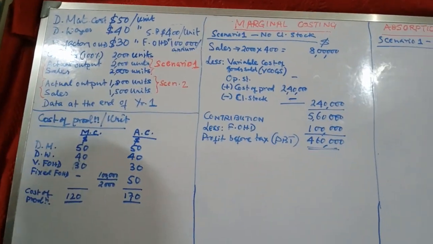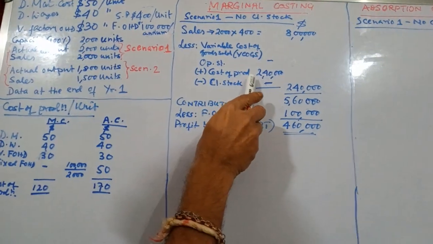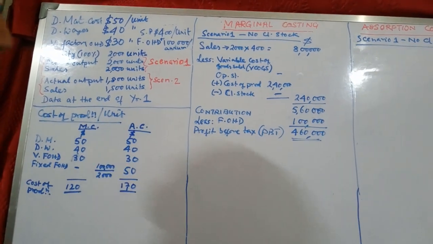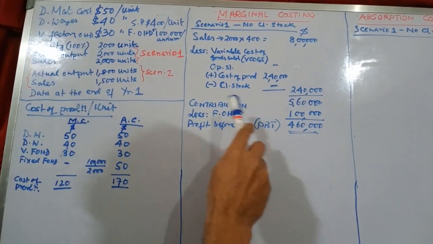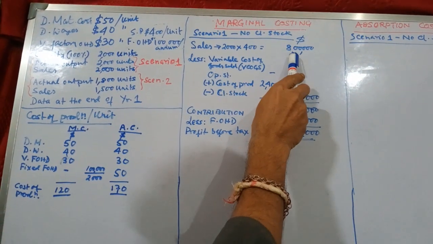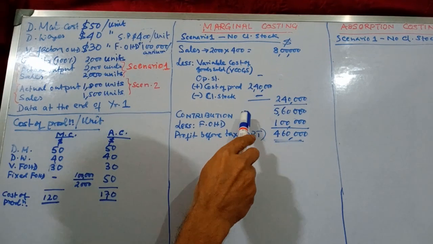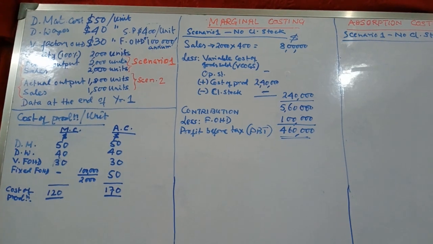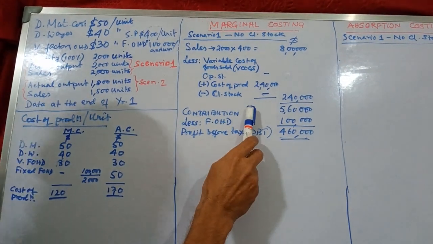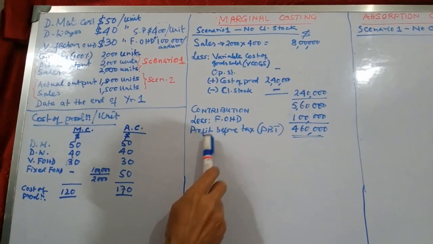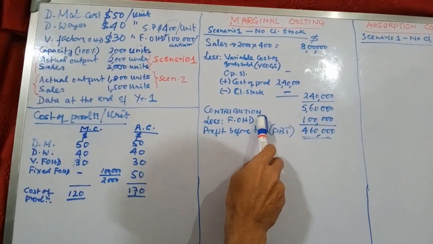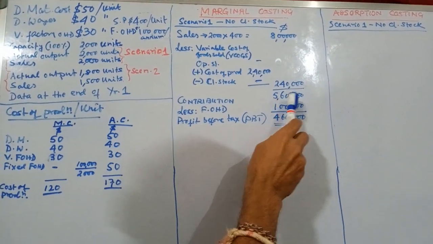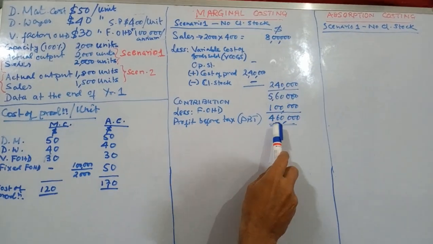So the cost of production itself becomes the variable cost of goods sold, that is 240,000. We have deducted the variable cost of goods sold from sales, and that has given us contribution, 560,000. From contribution we deduct fixed overhead to arrive at profit. What is the fixed overhead? 100,000. So 560,000 minus 100,000 gives us 460,000.